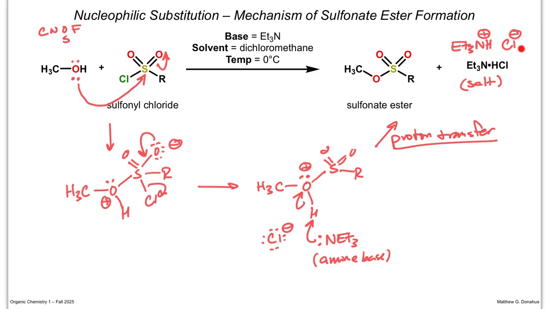But these are communicating the same thing as that byproduct, which soaks up the HCl that's generated. And so now, as I said, this whole thing in green is the leaving group.